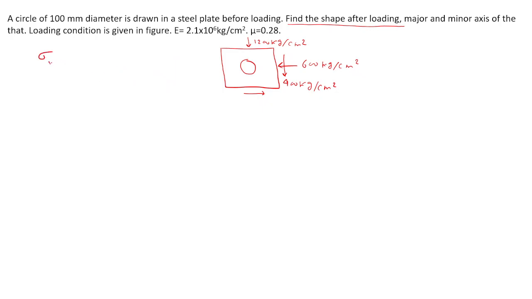What is sigma x? 600, and tau xy minus 1200. Sigma y minus 1200 and minus 400 comes below. Okay, this is not in this direction, otherwise it will not become an ellipse. Take this in this direction.